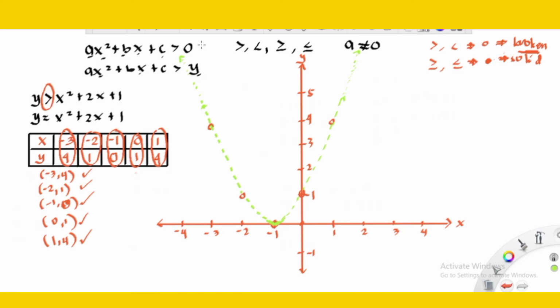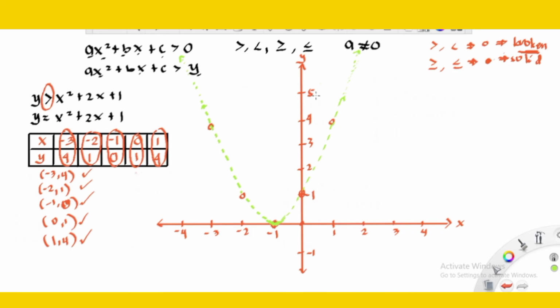Ngayon, anong susunod natin gagawin? So, pipili tayo kung aling part ang i-shade natin. Napansin natin, itong graph na to, hinati sa dalawang regions yung ating Cartesian plane. So, may region tayo dito sa loob niya. Yan yung loob niya.